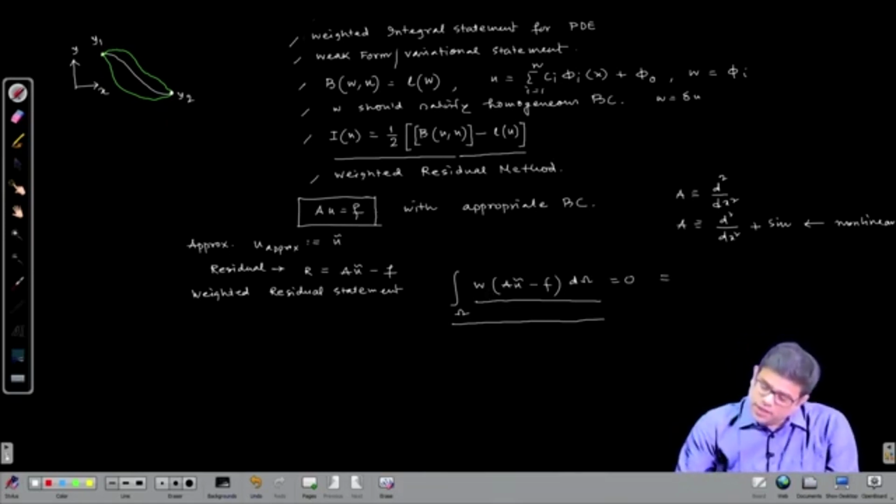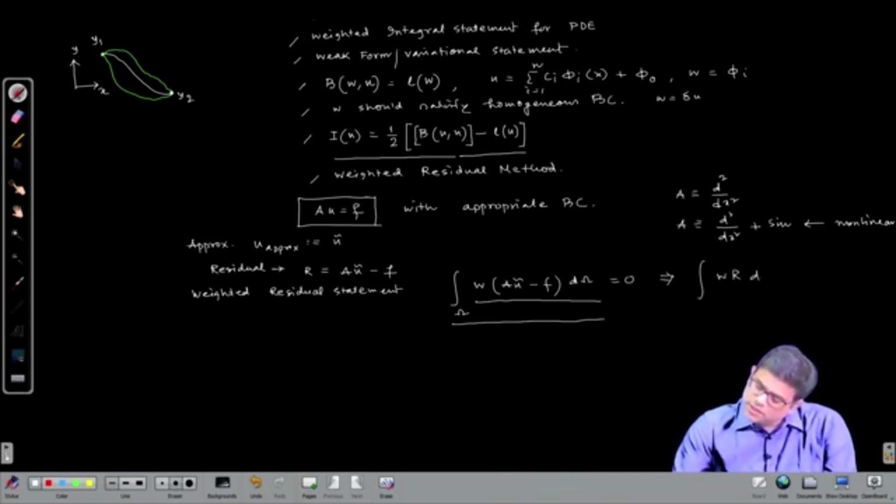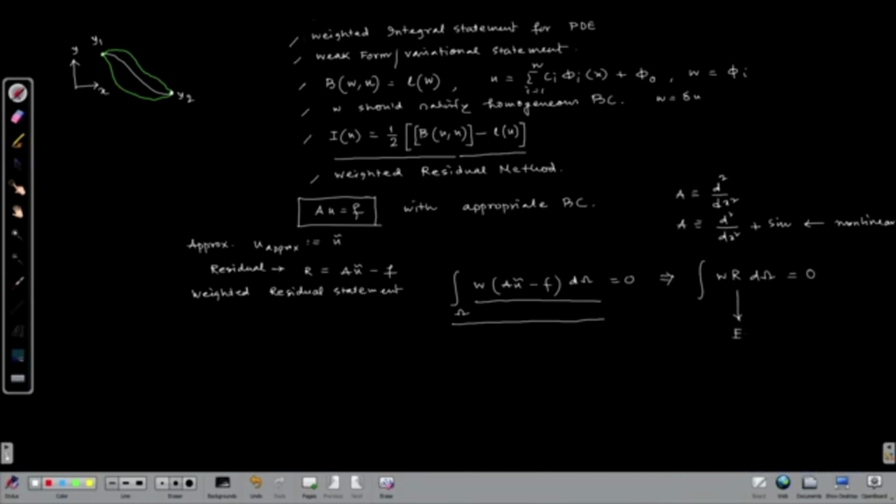Because this is equivalent to the integral of w times r being 0. So, r is essentially the error, or the residual of the system. So, I am orthogonalizing this error with respect to the weight function w. This orthogonalization of the error means that, in a mathematical sense, I am pushing the error to be orthogonal to the solution space.